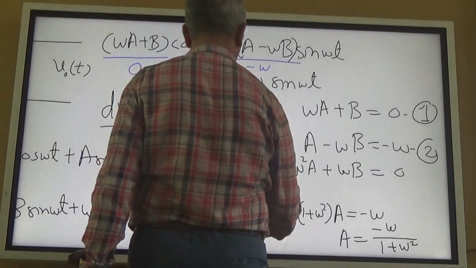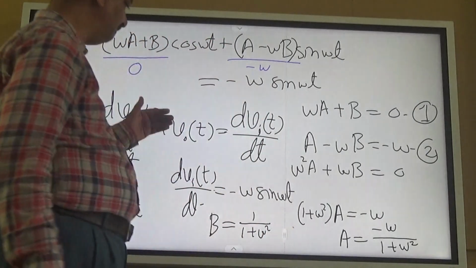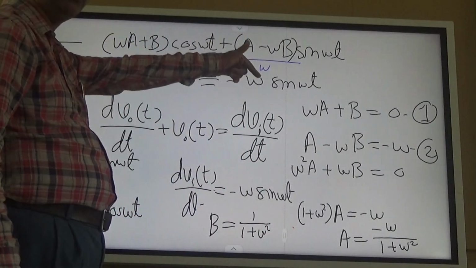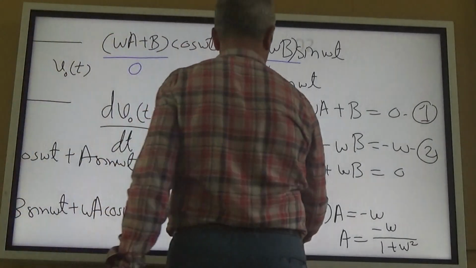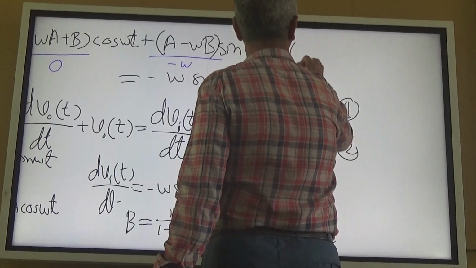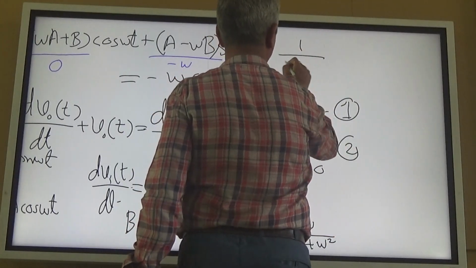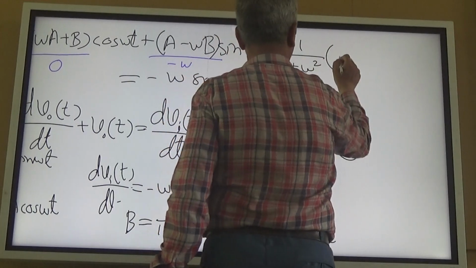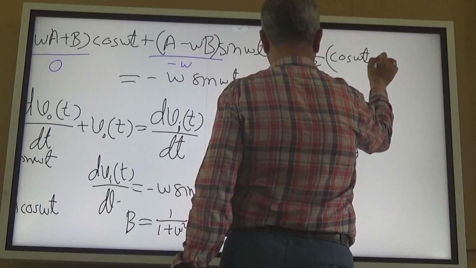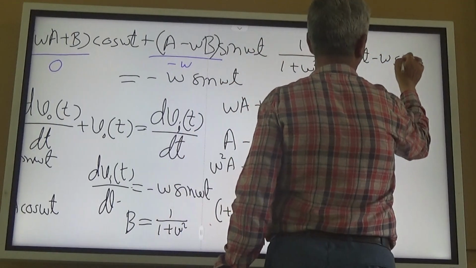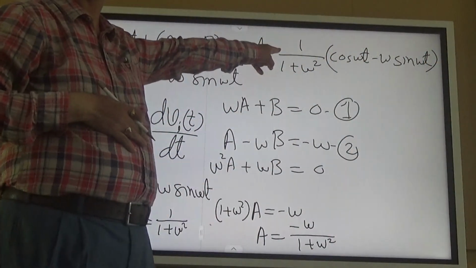So what is the answer? Vo(t) equals 1 upon (1 plus omega square) times (cos omega t minus omega sin omega t). Is it right? Is it okay?